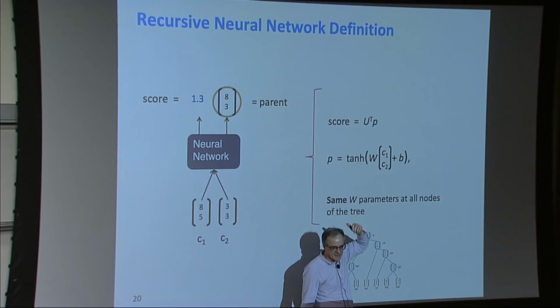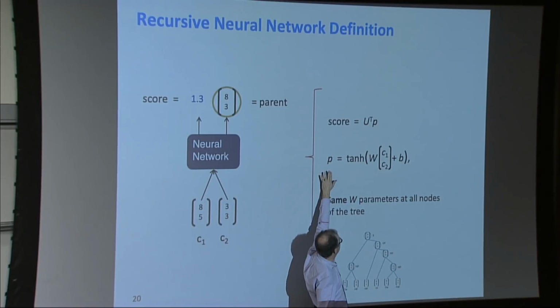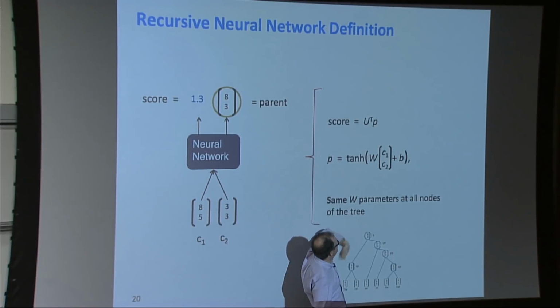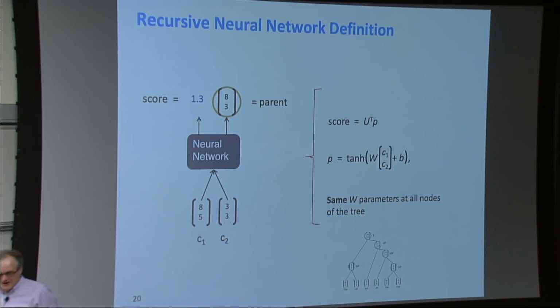This work is old enough that it's before things like ReLUs became popular, but maybe it's better to have a tanh anyway, more like a recurrent neural network. So this was our meaning composition that gave the meaning of the parent. And then to decide the score of whether this was a good phrase, we took that parent vector representation and multiplied it by another vector, and that gave us out a number.